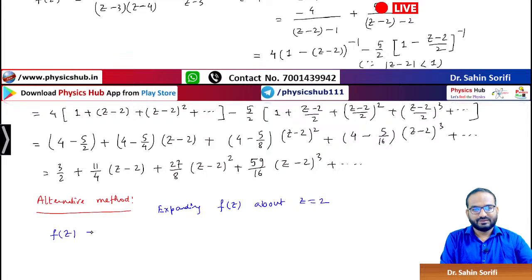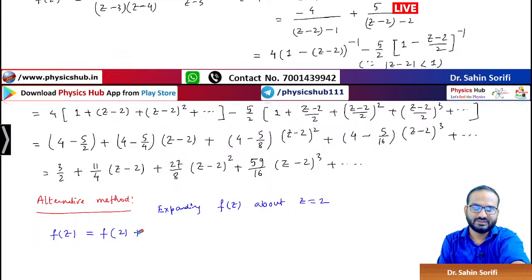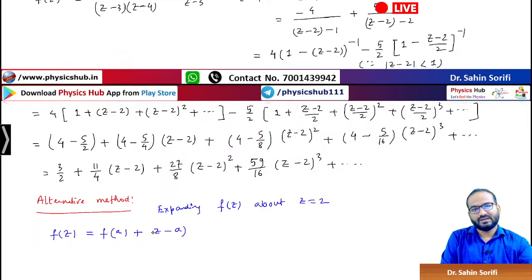f of z, you can write it as f of 2 plus, okay, so I am writing the original formula, then you can just put a equals 2: f of a plus (z minus a) f prime a plus (z minus a) whole square by 2 factorial f double prime a.